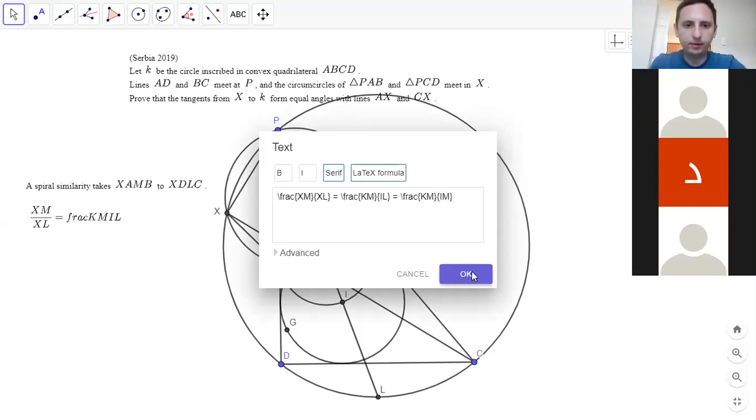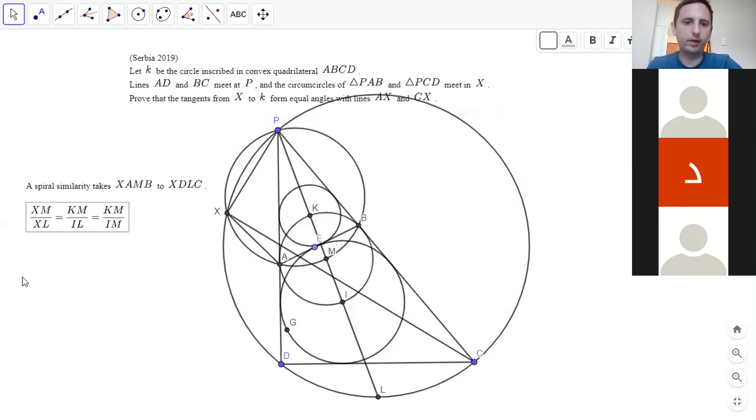And so that means that XI bisects angle LXM.